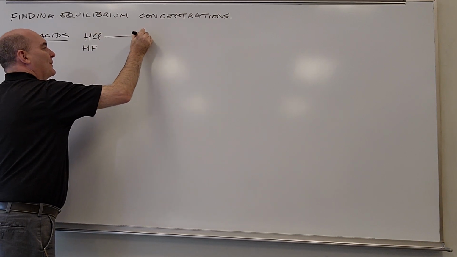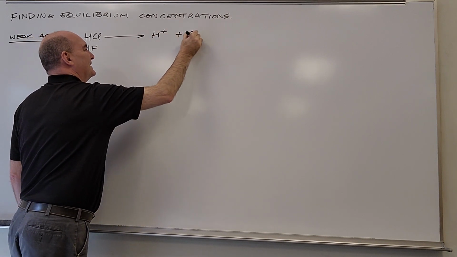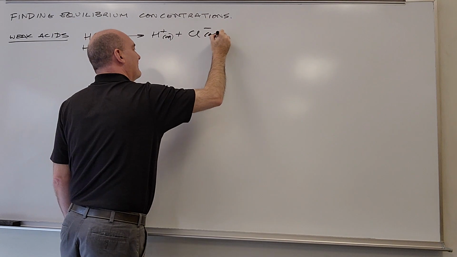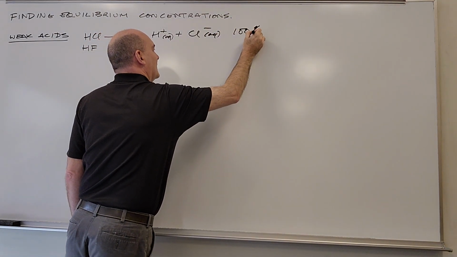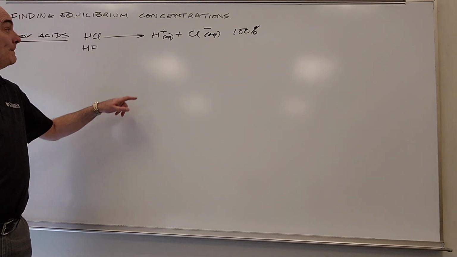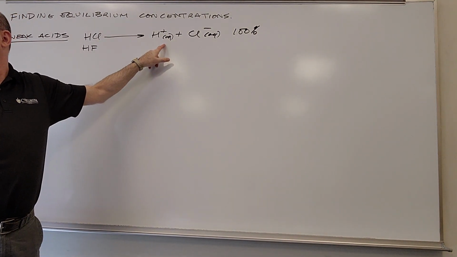very, very different than its cousin HCl, because HCl dissociates 100% as a strong electrolyte, puts all of that H plus into solution, puts all the Cl minus. And for General Chemistry 2, we didn't care about the chloride. We absolutely didn't.